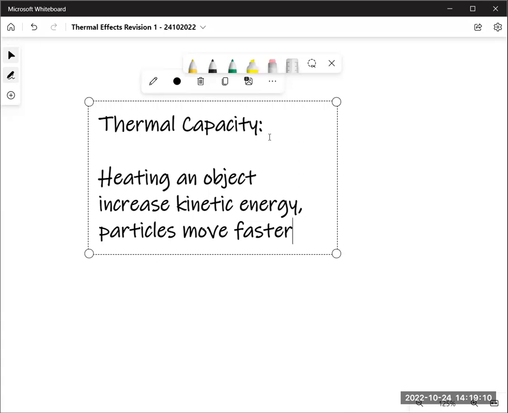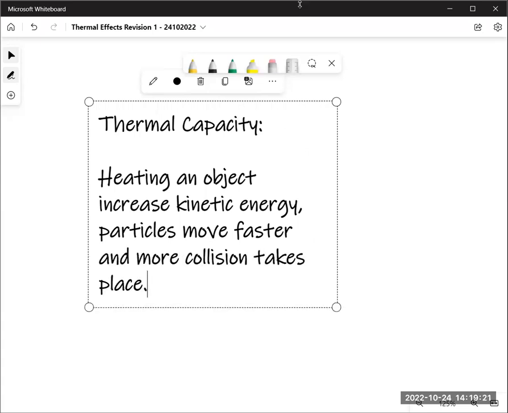Hence, particles move faster and more collisions take place. Obviously, if they move faster, more collisions are going to take place, right?